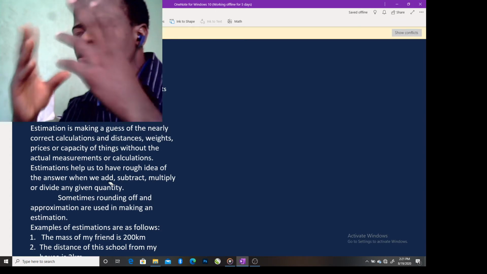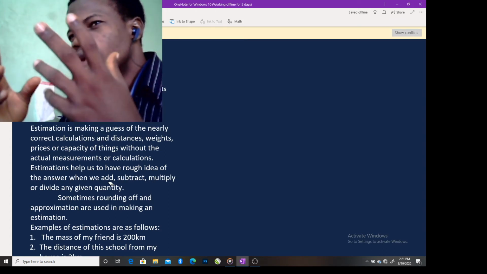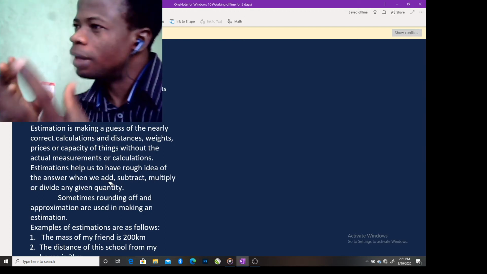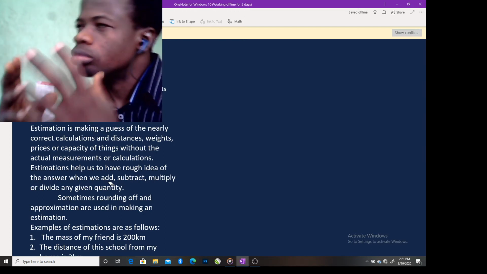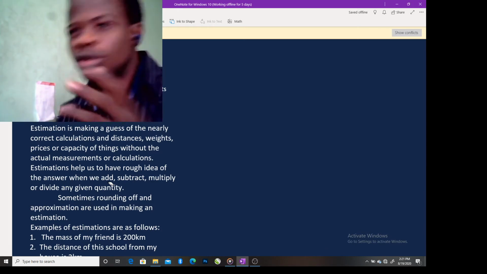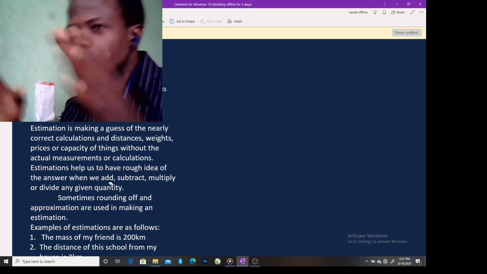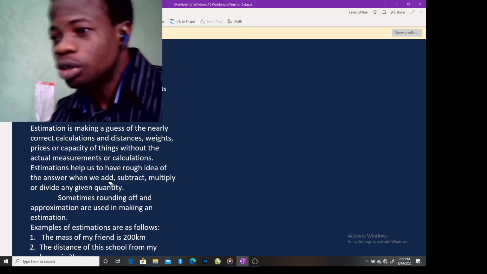So you have an idea of what you are doing. Like if you have 24 divided by 7, the estimate should be around 3 point something. You can say the answer will fall in this region. So that's what estimation is.